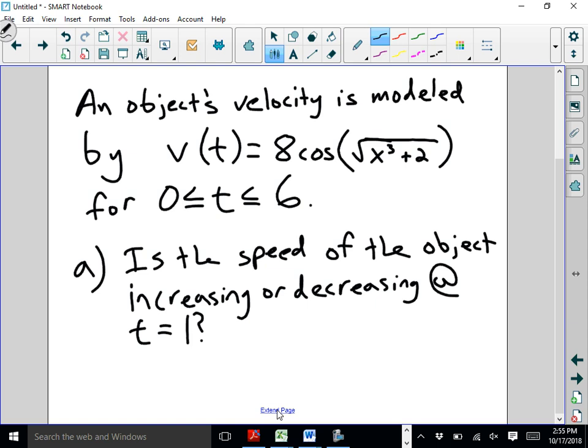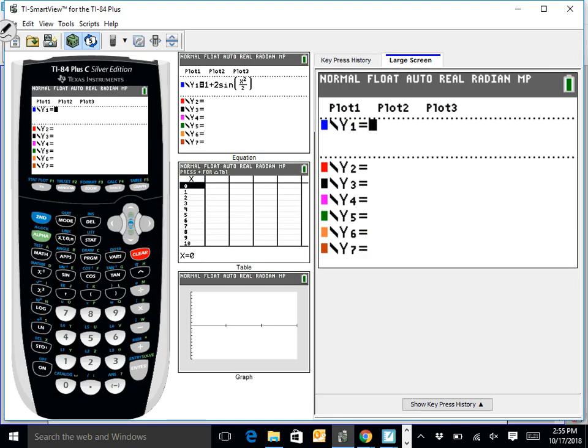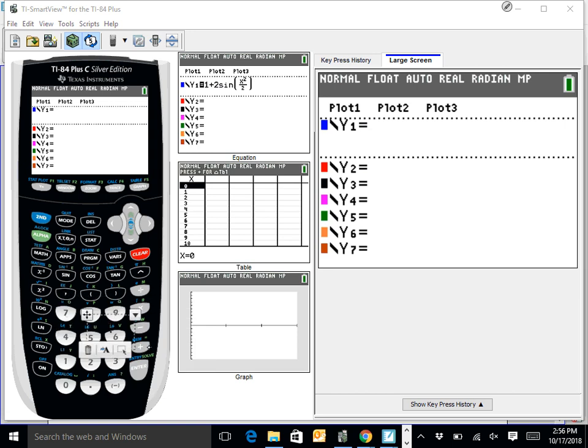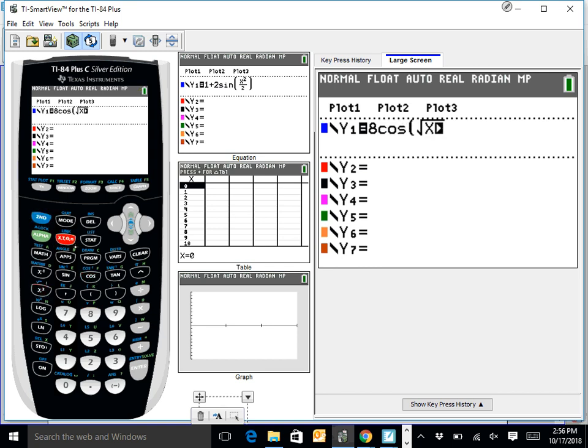So when we go to our calculator, go to our y equals, and we're going to put in the function 8 cosine of square root of x cubed plus 2.